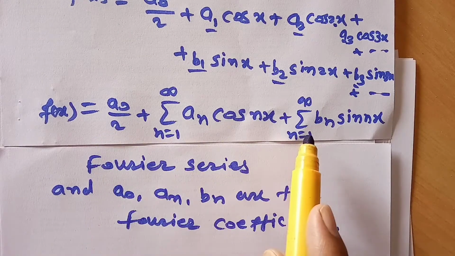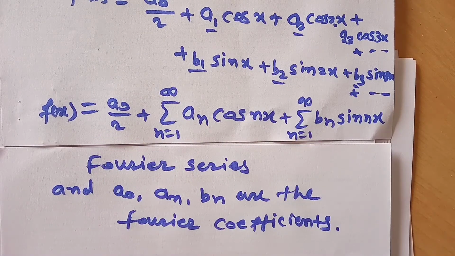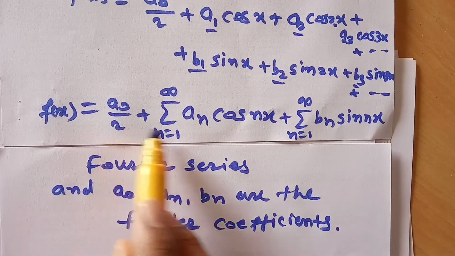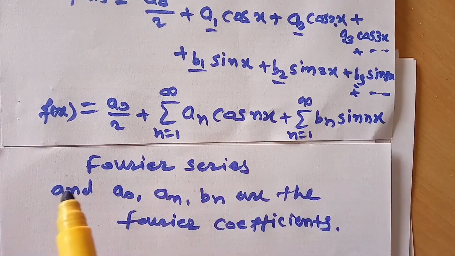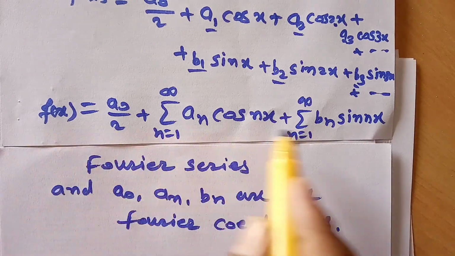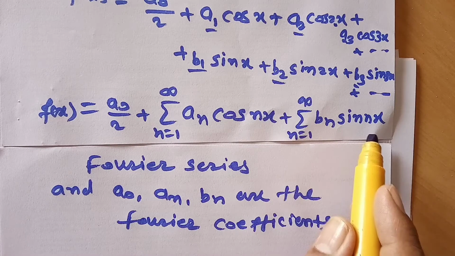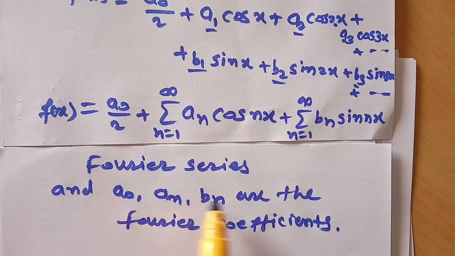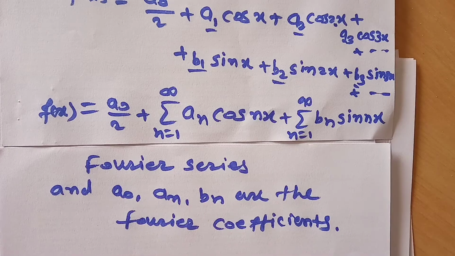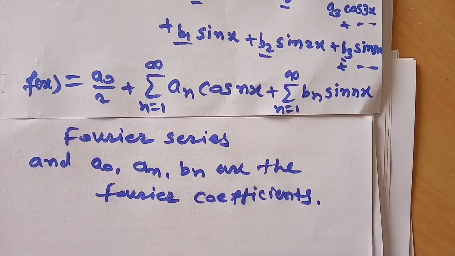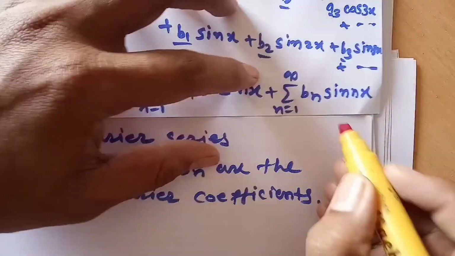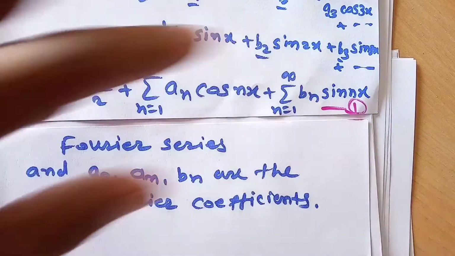My function is periodic, satisfying some conditions also, and we can write this function as a combination of cosine and sine functions. This is called Fourier expansion or Fourier series, and a0, an and bn are the Fourier coefficients. For this expression, suppose I say this is my equation number 1, my Fourier series 1.